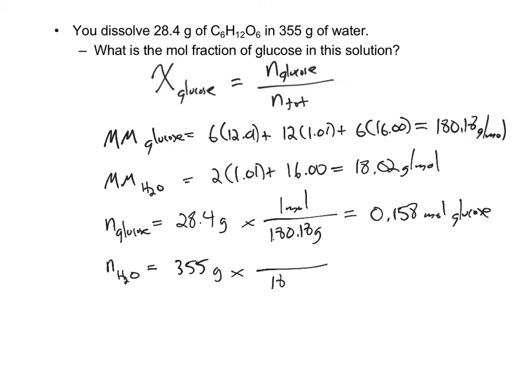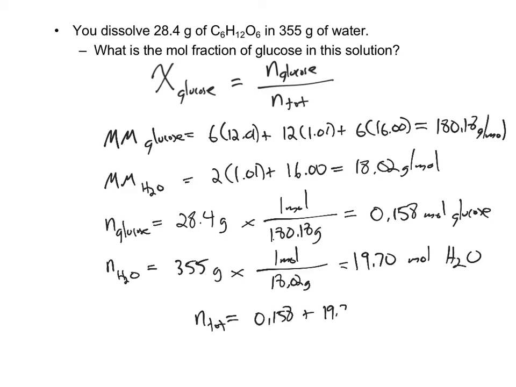Divide that by the molar mass of water. And I get 19.70 moles of water. So then my total moles is just the sum of the moles of glucose and water. So my total moles is 0.158 plus 19.70. So I get 19.86. I'm going to keep an extra sig fig.